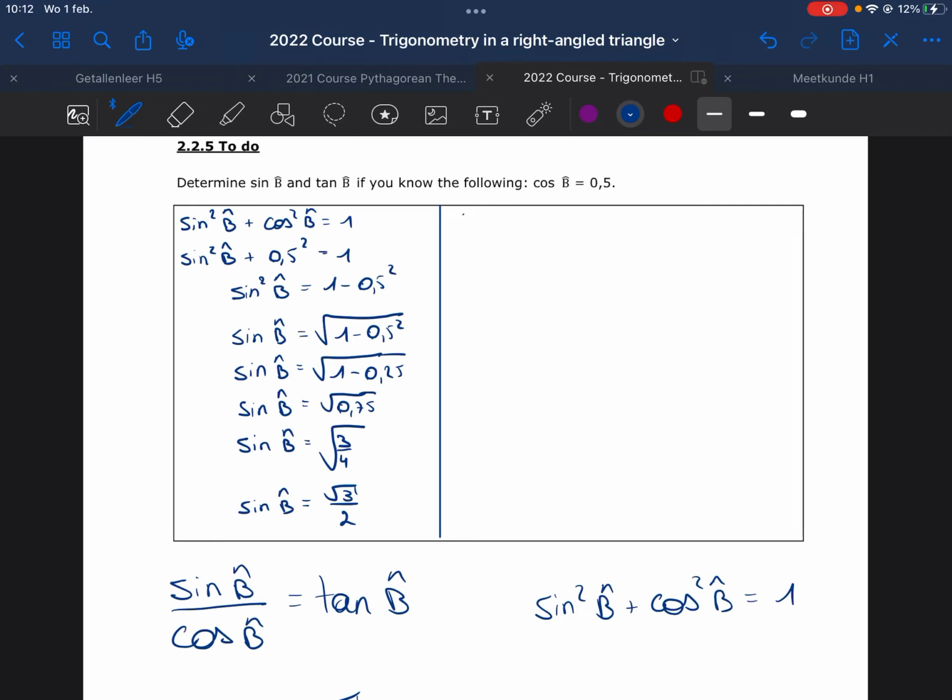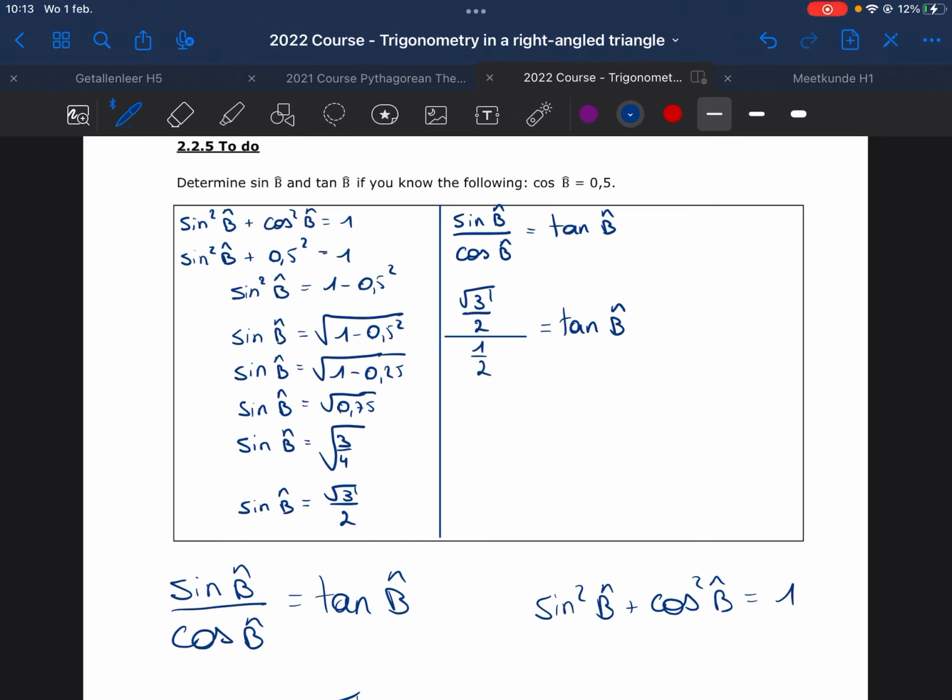So the sine of B over the cosine of B equals the tangent of B. So the sine of B was the square root of 3 over 2, and then divided by the cosine of B, which was 0.5 or 1 over 2, and that should be equal to the tangent of B.